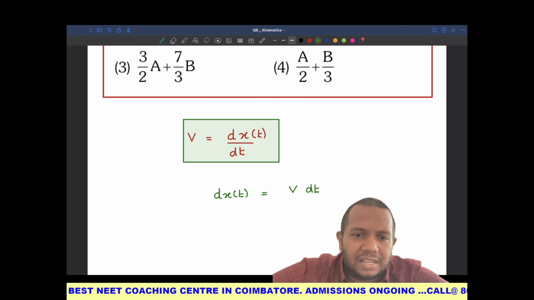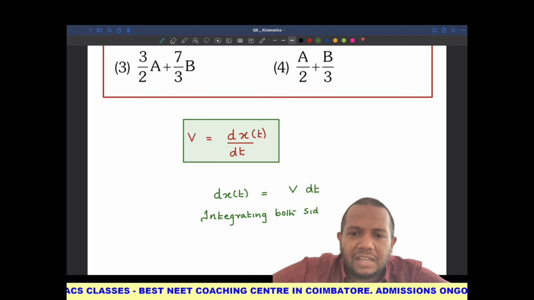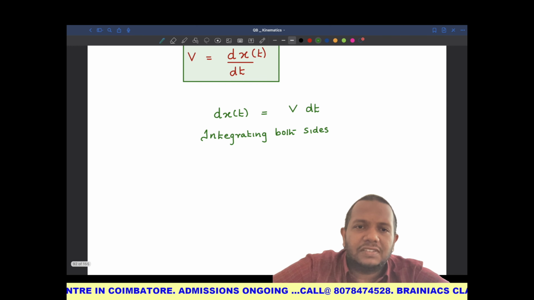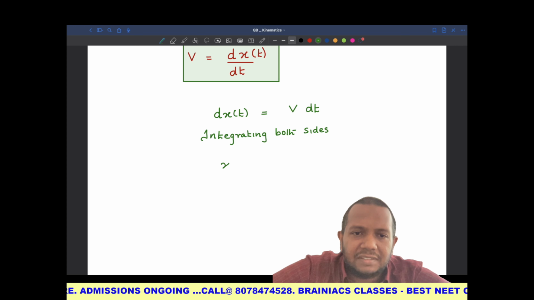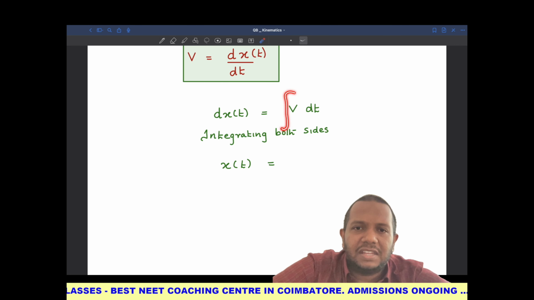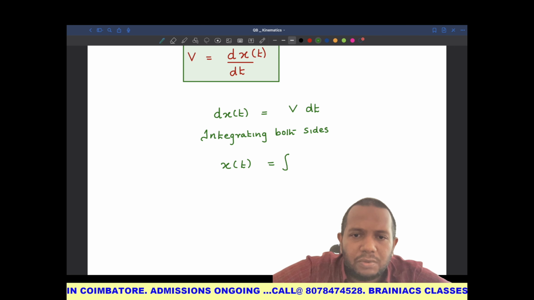Now I am integrating both sides. On integrating both sides, the differentiation already there will get cancelled, and we can write x of t is equal to the integral of v dt.